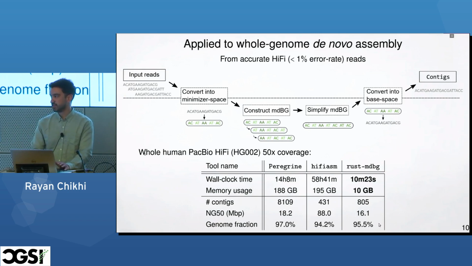But the base level accuracy of the assembly in our pipeline is going to reflect the error rate of the reads, which is like 0.1% to 1%. We don't claim to have a good base level accuracy at this point. It could be polished later, though. So this is really a draft assembly. Think of it like this. You get a quick and dirty, fast assembly of a human genome using this method.